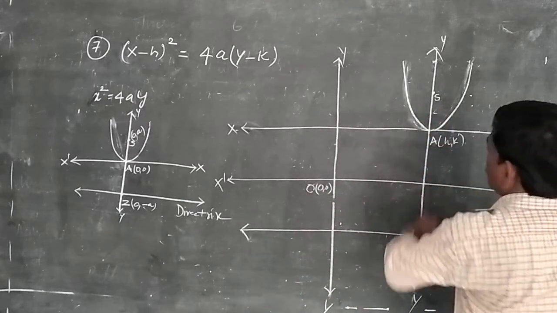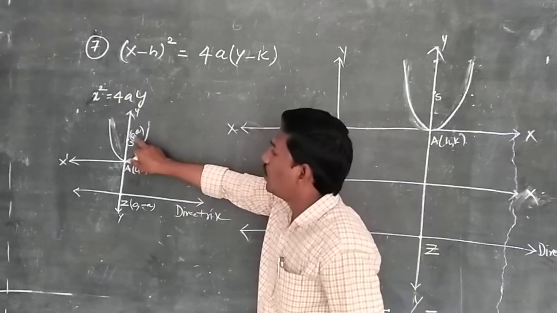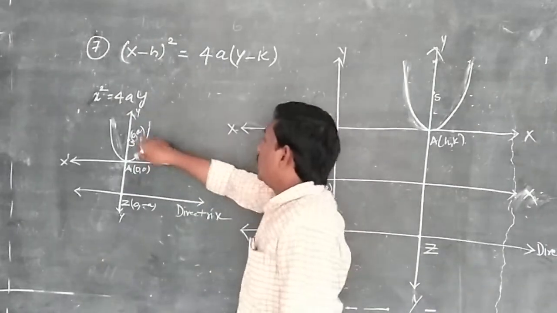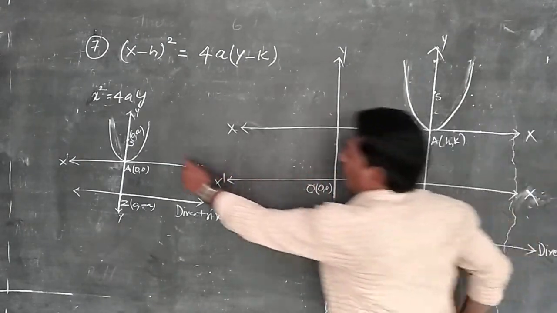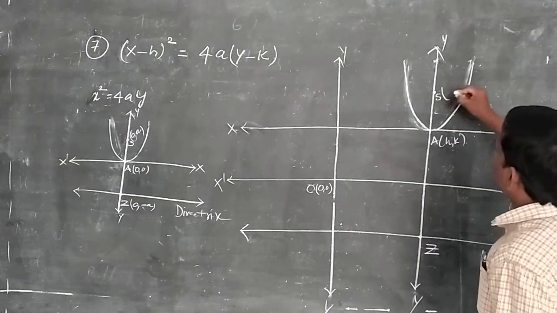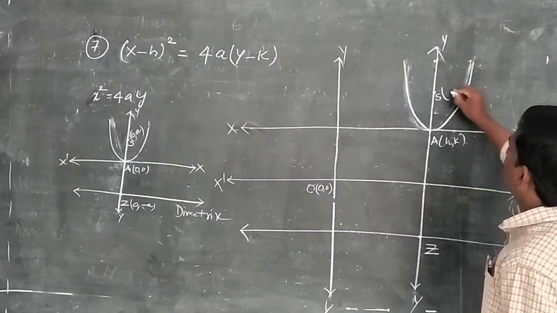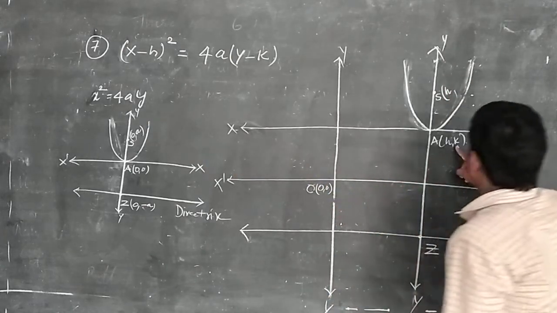So now observe, what is the focus? (0, a). Now we have to add, this is X and Y. So we have to add 0 plus h, that means h, a plus k.